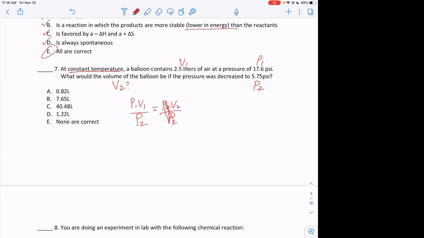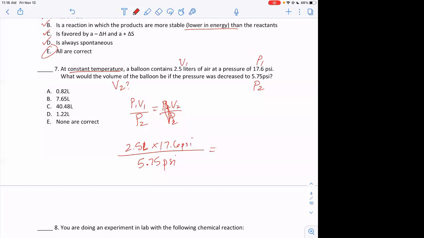So I'm going to plug in P1 and V1 on the top. So there's my P1 V1. This is 2.5 liters times 17.6 psi. Divide that by P2, which is 5.75 psi. That's going to be V2.